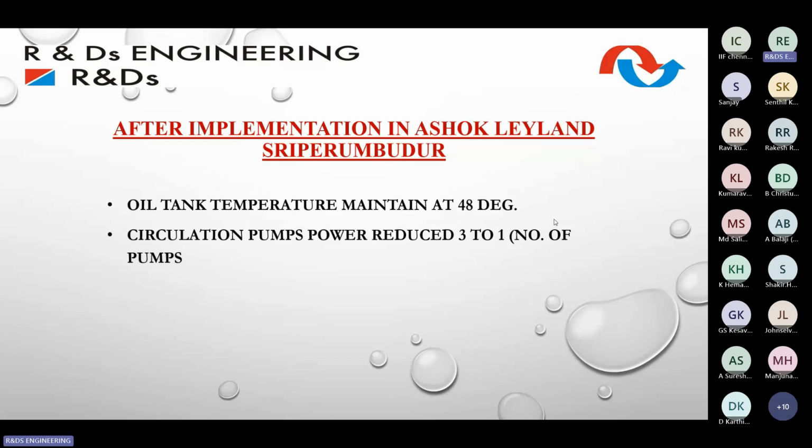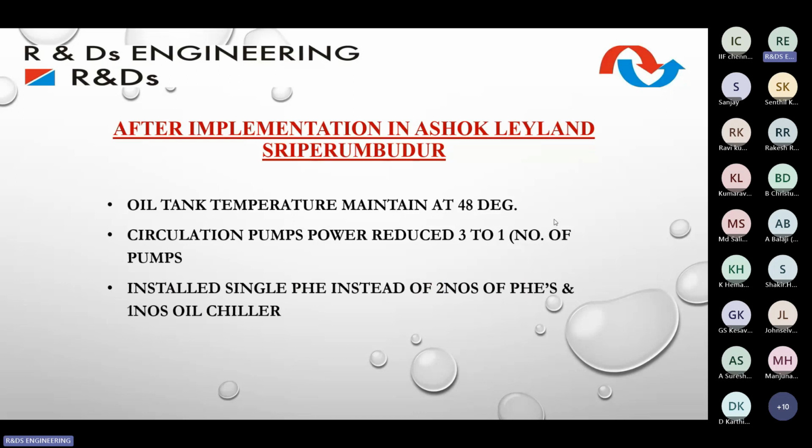The same duty is now performed with only one heat exchanger. All the other heat exchangers and the fans were removed. The circulation pumps have become 1 in place of 3, and the chiller and fan were also removed.